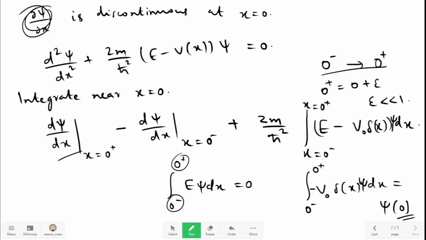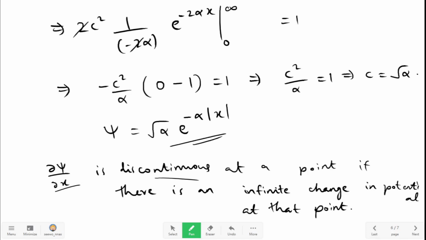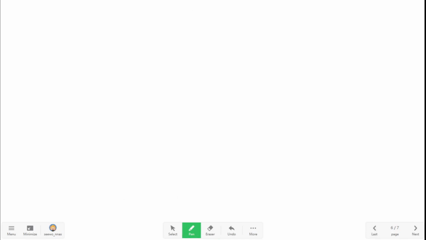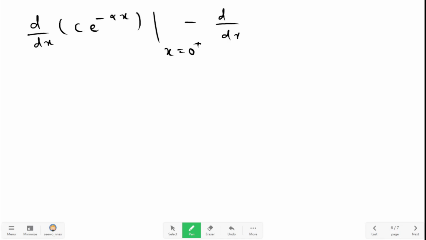So our equation becomes d by dx of, for positive values of x, where modulus of x is x, we write c raised to minus alpha x evaluated at x equal to 0 plus, minus, for negative values of x, the wave function c raised to alpha x, evaluated at x equal to 0 minus.